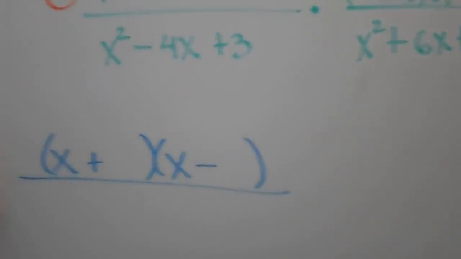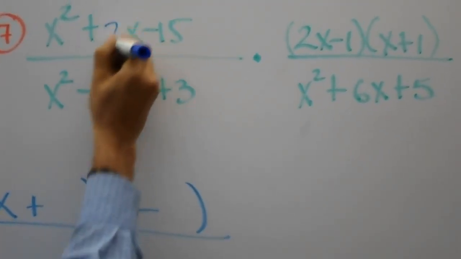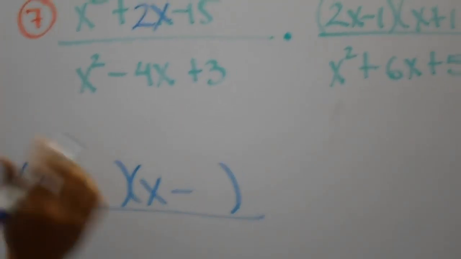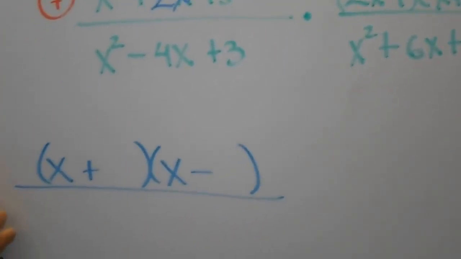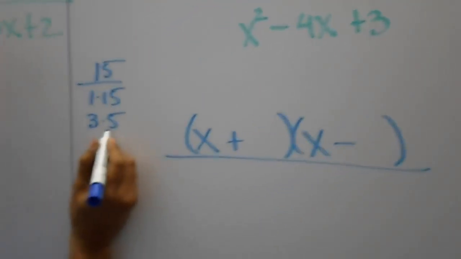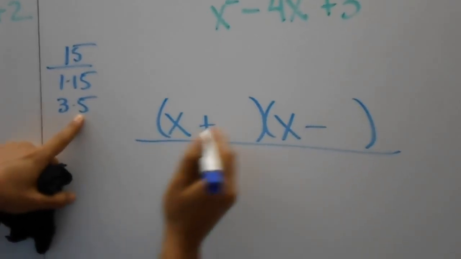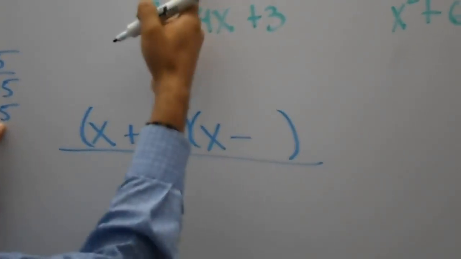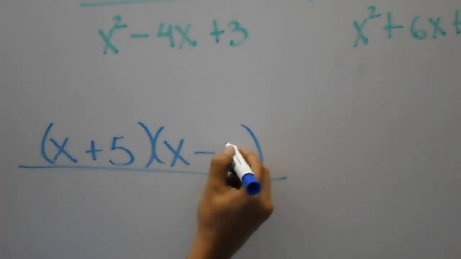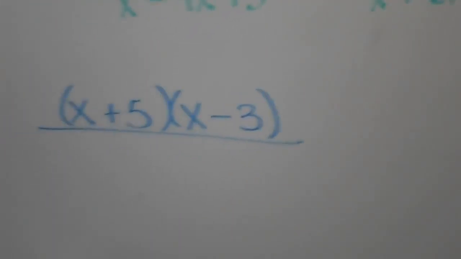So let's see, 5 minus 3, 2. Now let's make this a 2. Because now which of these two, when subtracted, will give you this? So this is a 5 and 3. The 5 is going to be the largest number, because the 2 is a positive number, and the 3 is going to be the smallest number. So you have x plus 5 times x minus 3.